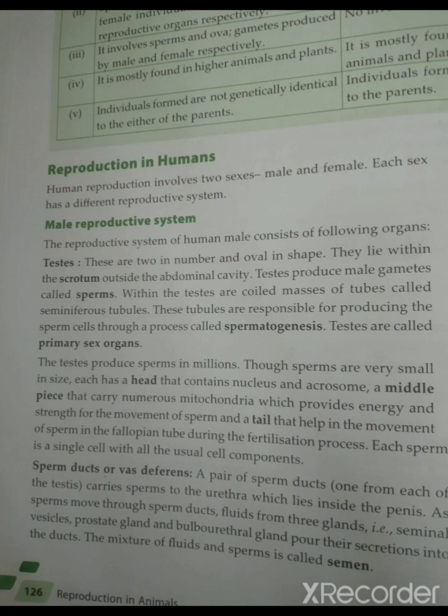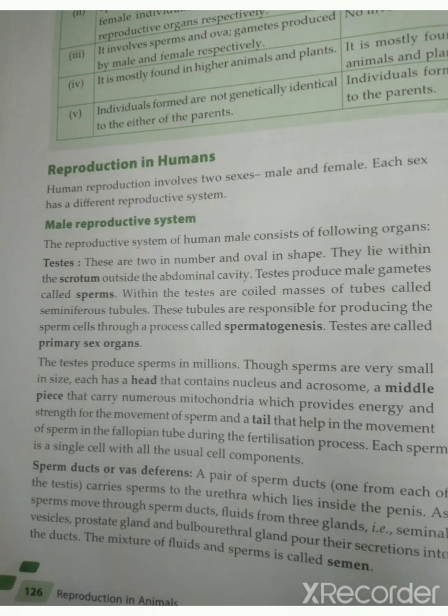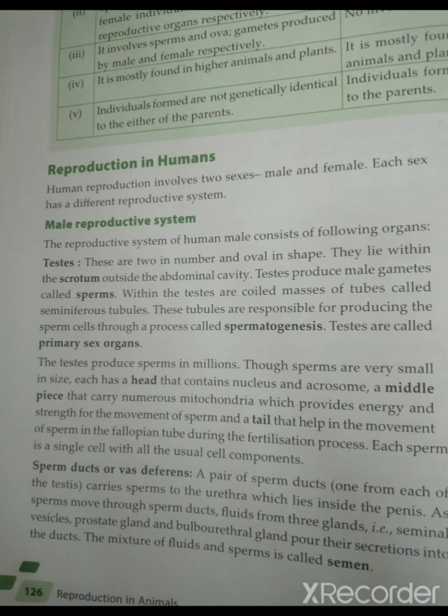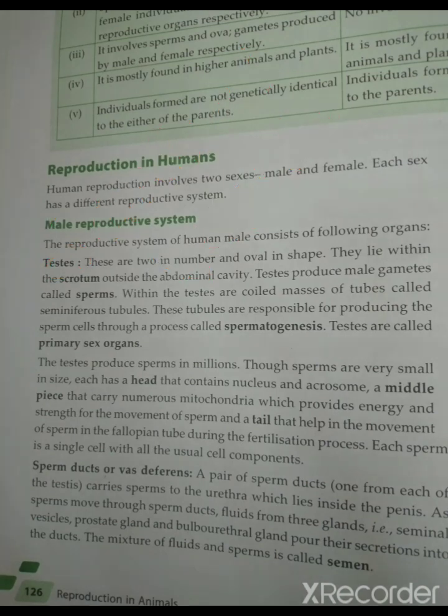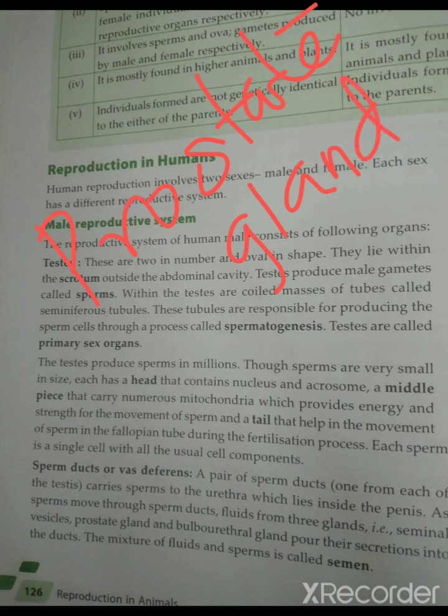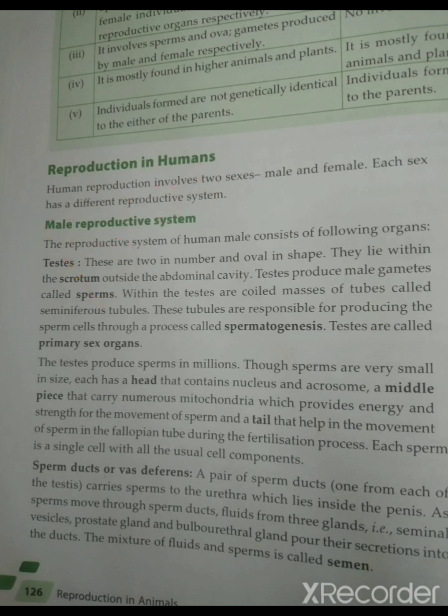There are fluids from three glands that the sperm get for movement. That is the seminal vesicle, the prostate gland, and the bulbourethral gland.